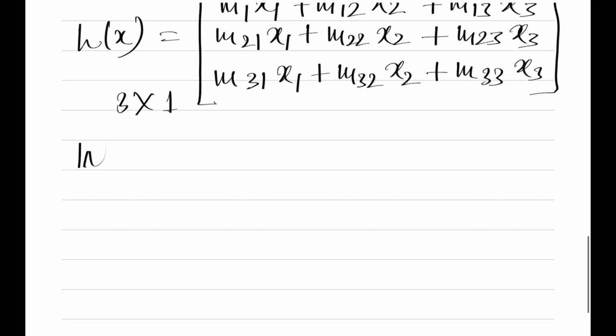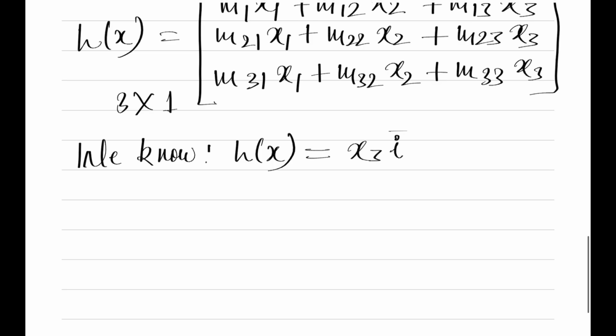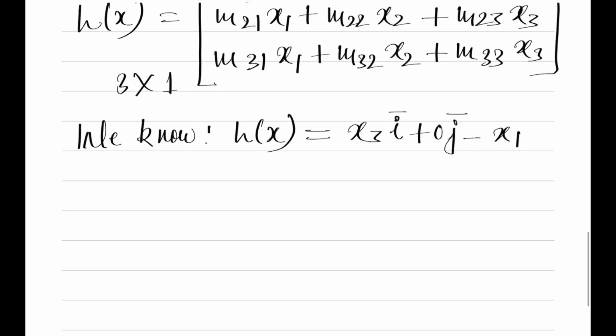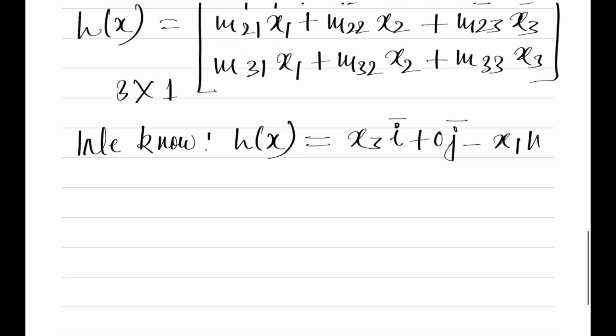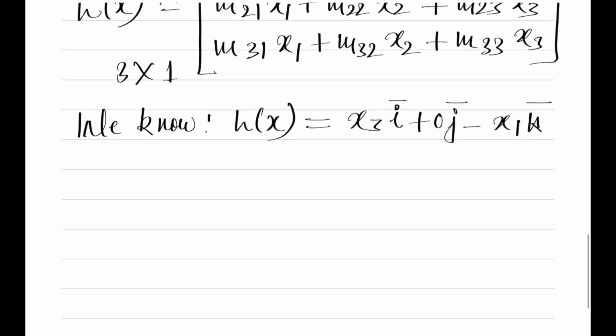Now we already know our Lx is equal to x3 i cap plus 0 j cap minus x1 k cap.